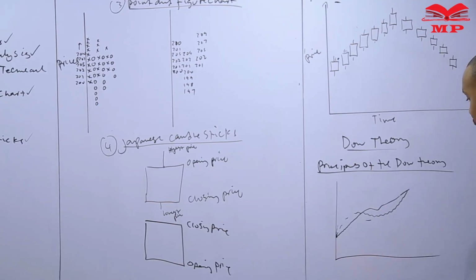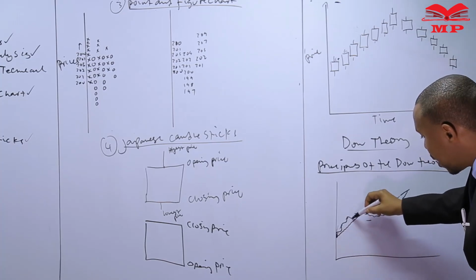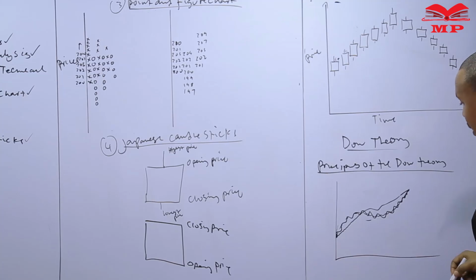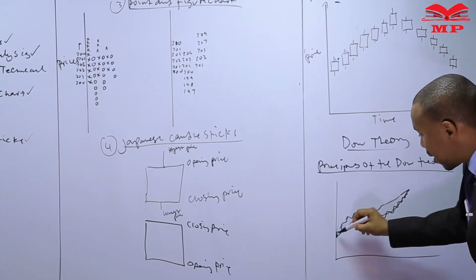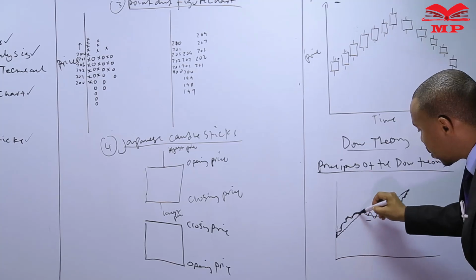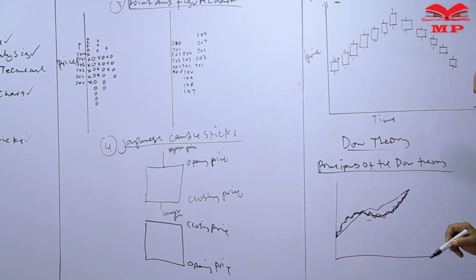That is the primary movement. The secondary movements are usually smaller and guide the direction of the price movement. The minor movements are indicative of very small price movements in a similar direction to those two other trends. That is what we're saying is the Dow theory.